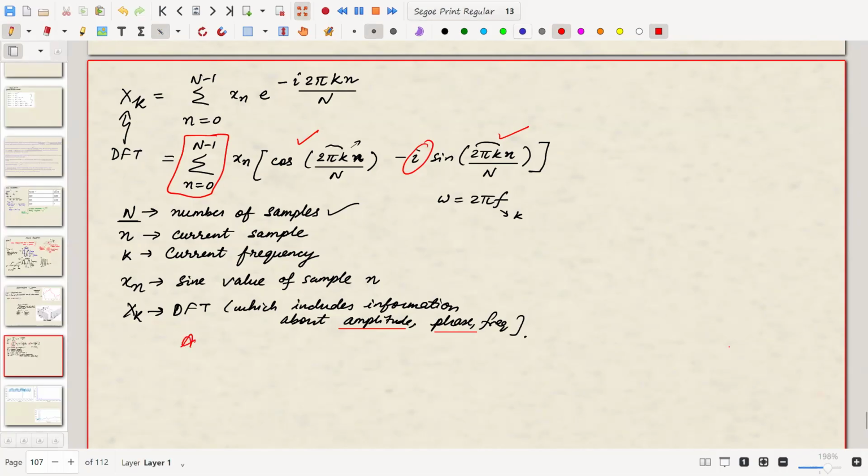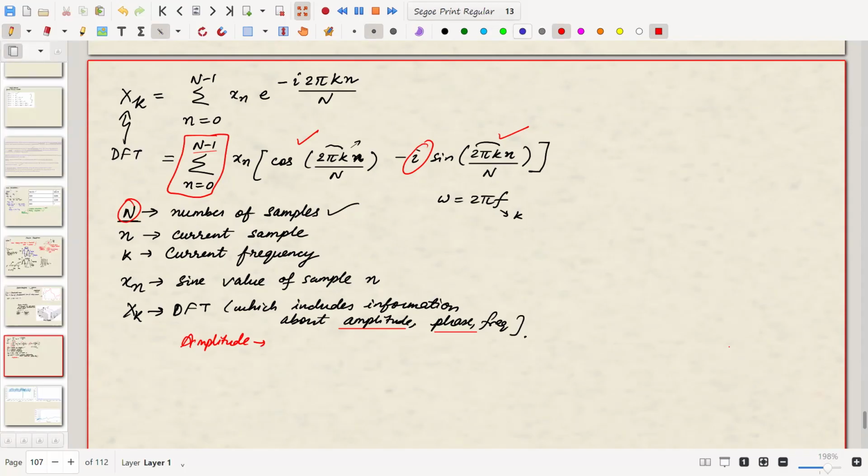So what can be the amplitude? Anyone? See, you are summing up capital N number of samples, agreed? You're taking a summation from 0 to n minus 1, so you are taking n samples, and each sample has its own amplitude. If I only sum up the amplitudes and say this is the final amplitude, will it be correct?